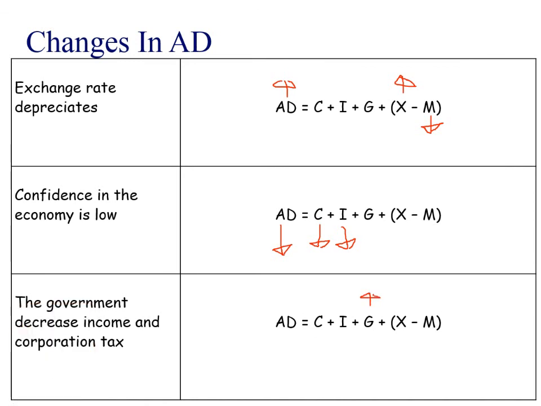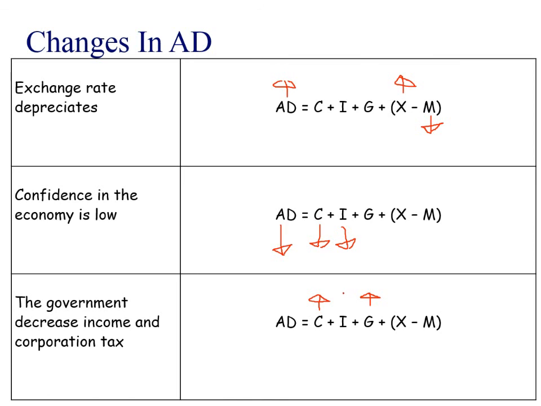So this increases. Now, by building a new school, they have to employ builders, they have to employ new staff. All of those people will be employed, and that money goes to them in the form of their wages and their salaries. And you might find that that causes C to also increase as well.